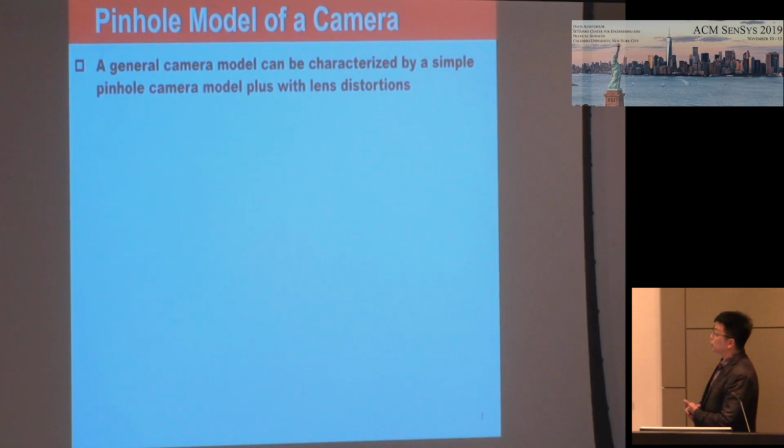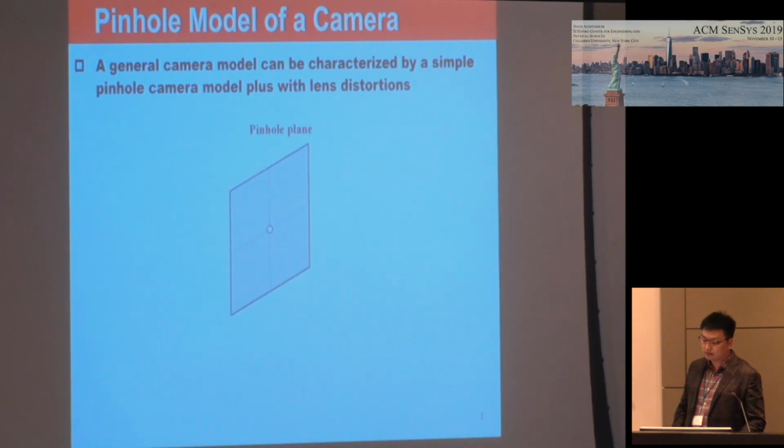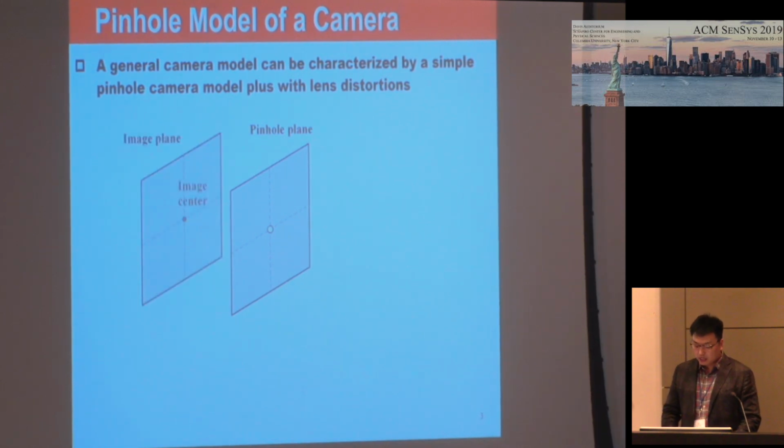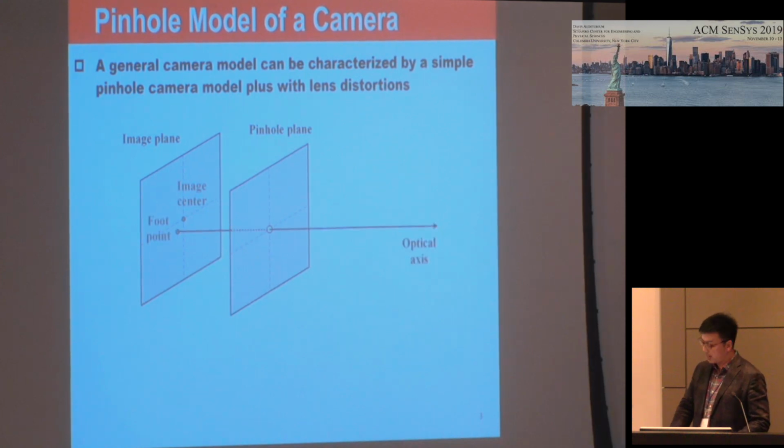Let me first introduce the basic model of a camera. We use the pinhole model of the camera. A general model can be characterized by a simple pinhole camera. Assume this is the lens of the camera, and then you will have a sensor, or CMOS sensor. We call it the image plane. We have an optical axis, and this is the focal length.